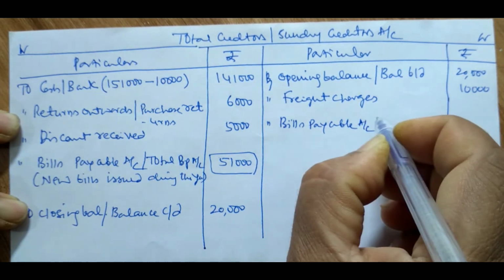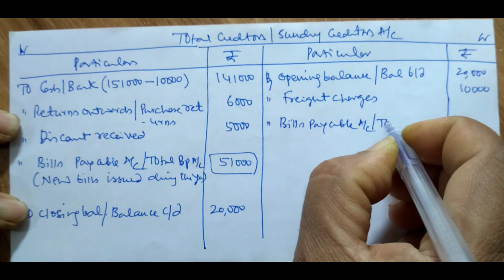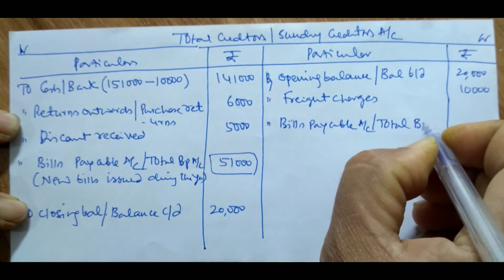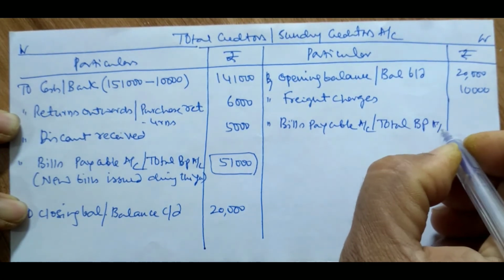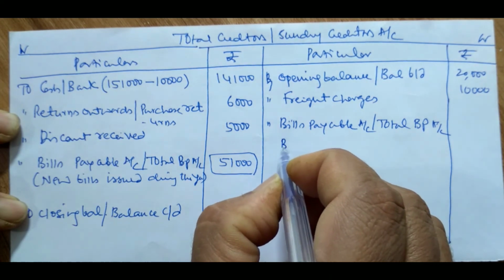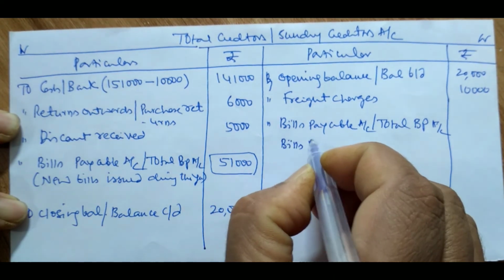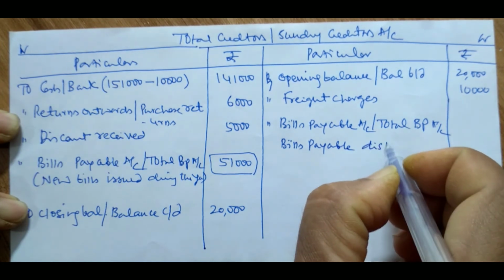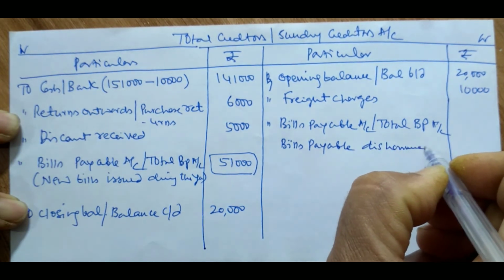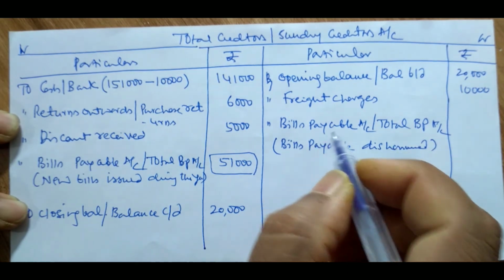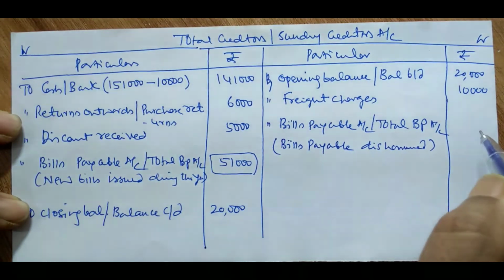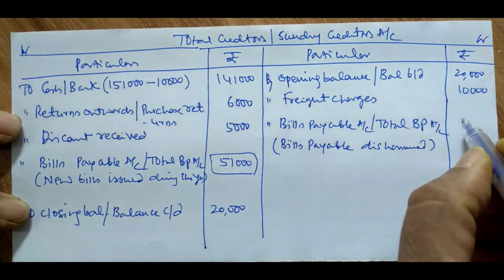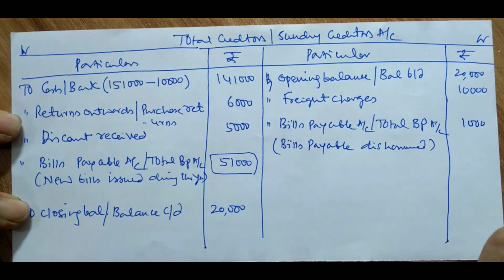This is bills dishonored, bills payable dishonored must be credited to total creditors account. In this problem, the bills dishonored are rupees 1,000.